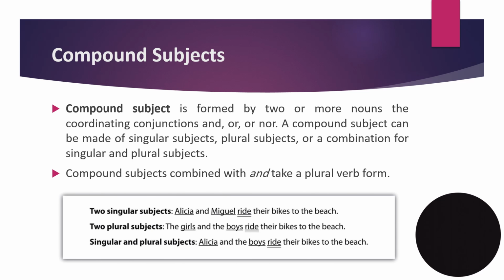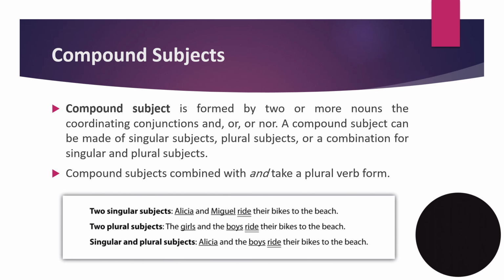Here we have compound subjects. A compound subject is formed by two or more nouns joined by the coordinating conjunctions and, or, nor. A compound subject can be made of singular subjects, plural subjects, or a combination of singular and plural subjects. Compound subjects combined with and take a plural verb form.